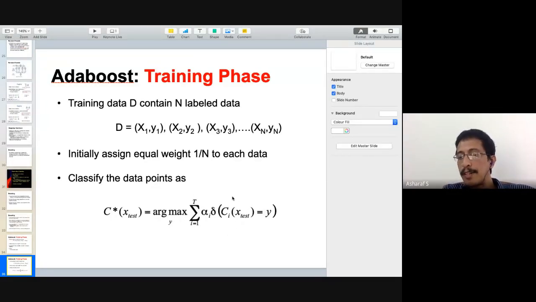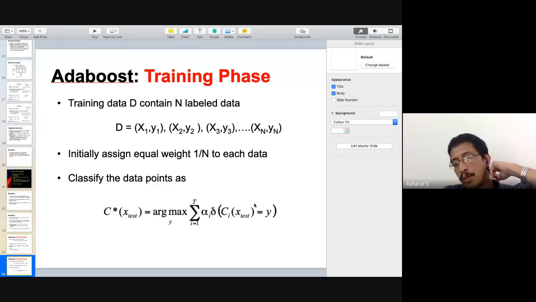If the classifiers C2 and C3 are correctly predicting, saying, hey, the class is 1, which means that alpha 2 and alpha 3, we have assumed that there are three classifiers C1, C2, and C3, alpha 2 plus alpha 3 will become the maximum. Because C1 will be saying that, hey, the class is 0, but the actual class is 1, right? Which means that there is no match. This will be 0, which means that you don't get anything.